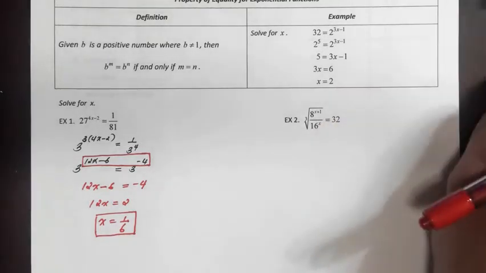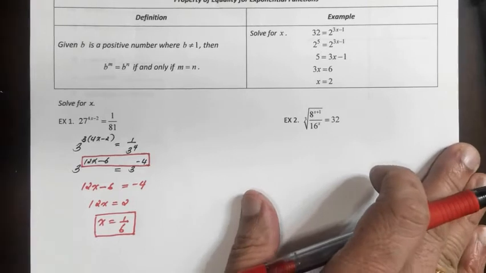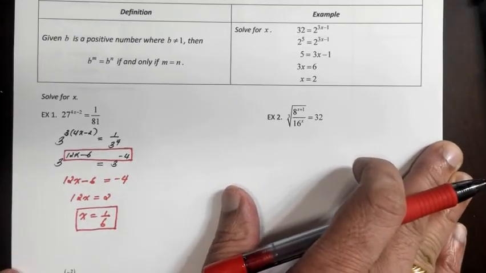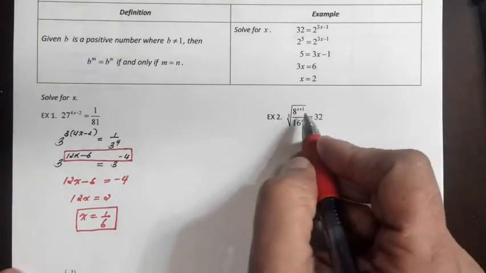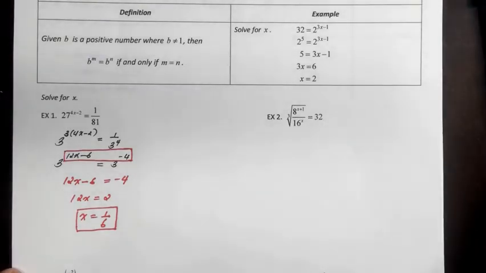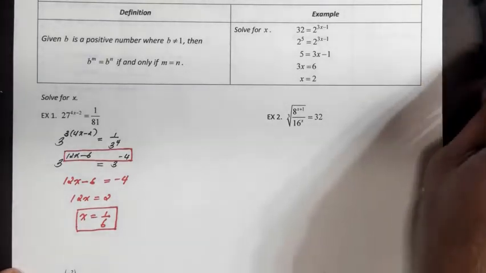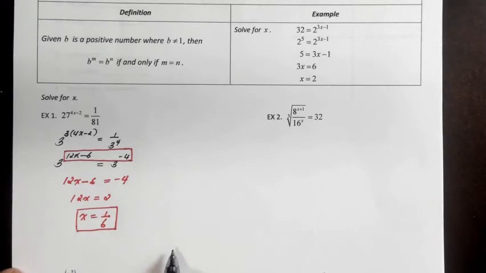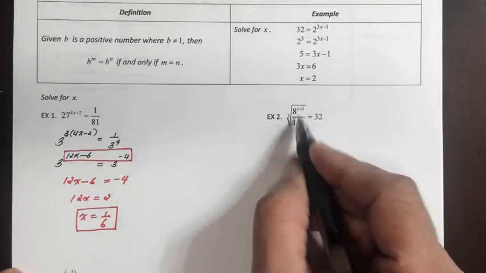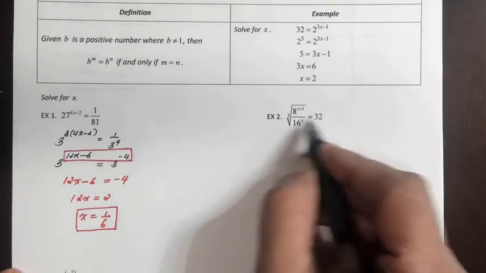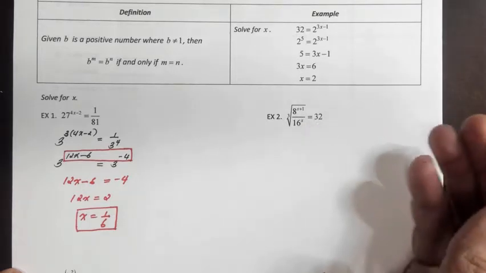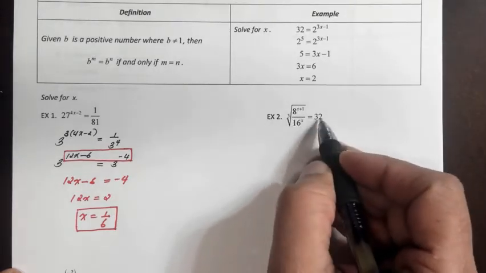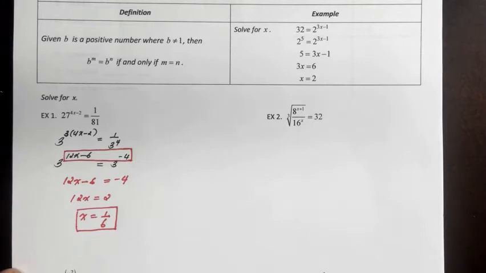Okay, second example right here. It is the cube root of 8 to the power of x plus 1 divided by 16 to the power of x, that is equal to 32. First thing, we will rewrite all three bases into the common base of 2, because we know 8, 16 and 32 are all multiples of 2.